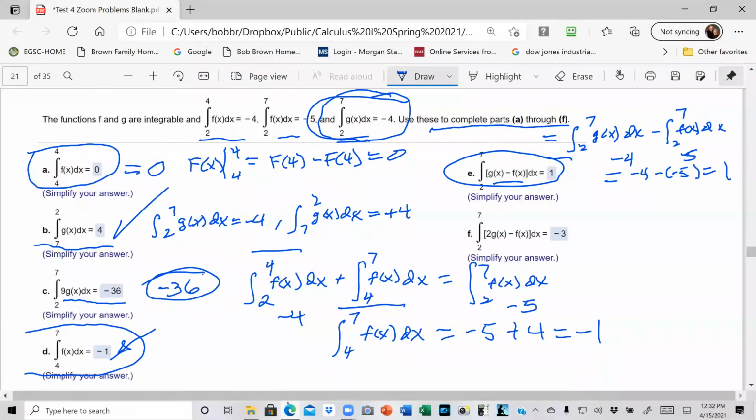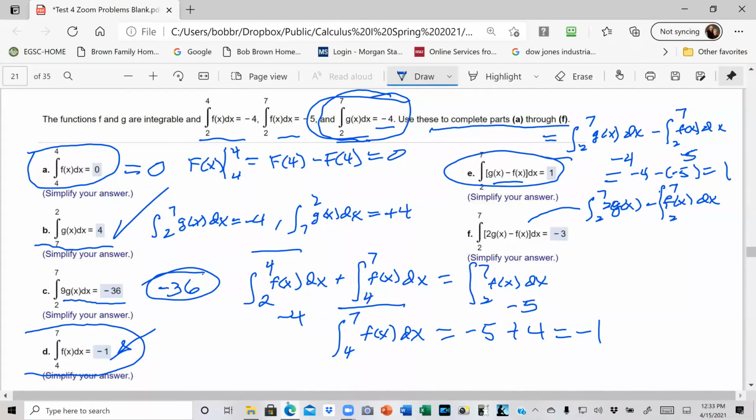this last one is going to be the integral from 2 to 7 of 2g of x minus f of x, that is, 2 times the integral of g of x dx minus the integral of f of x dx from 2 to 7. So 2 to 7 of g of x is minus 4.